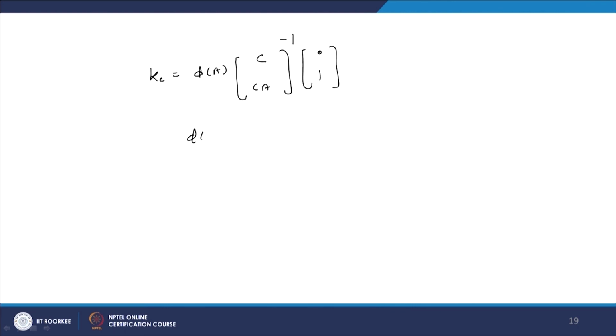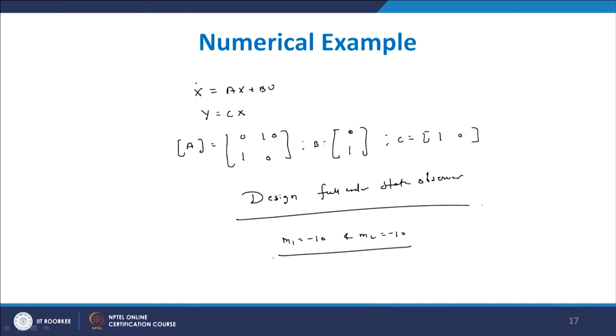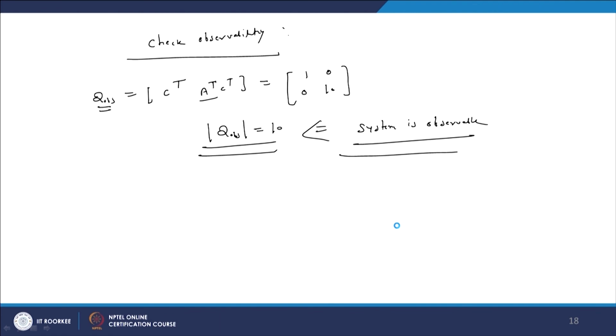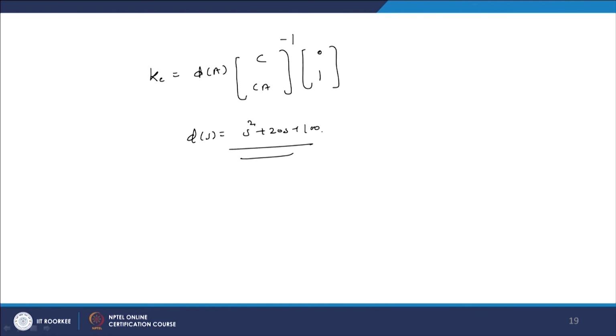Now our desired polynomial is s square plus 20s plus 100, because we have poles at m1 minus 10, m2 minus 10, therefore we have got this s square plus 20s plus 100. Now here phi of A will be A square plus 20A plus 100 into I.